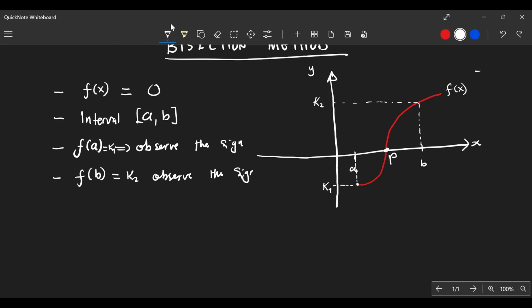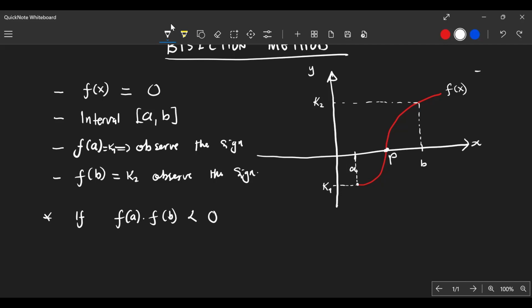All right. So if the product of f of A times f of B is less than 0, what's the meaning of that? The meaning of that is that if you substitute these values, A or B, one of them is giving you negative, the other one is giving you positive.